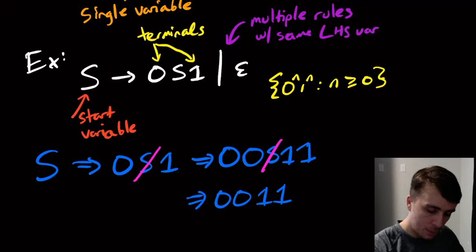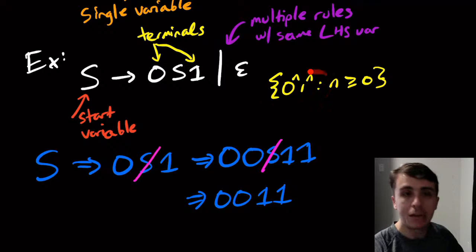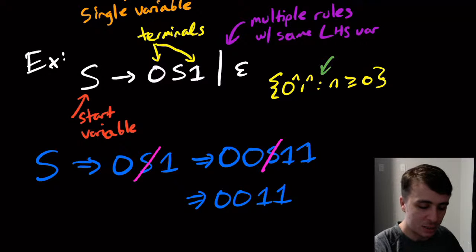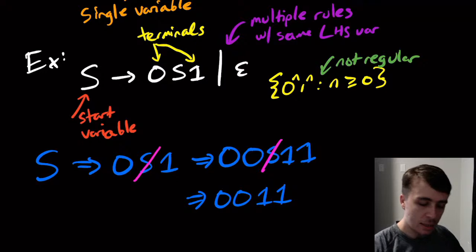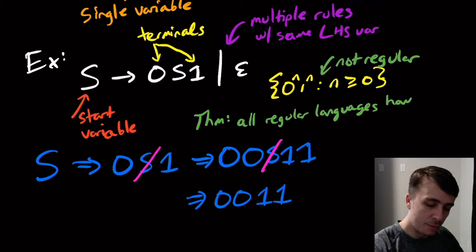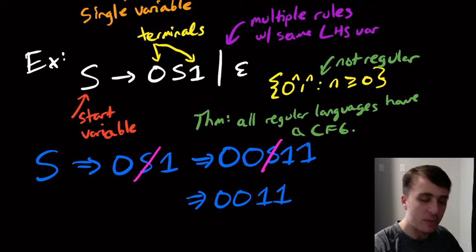Okay, so what can I say about this? This language is not regular, obviously, because we've done it. So this guy is not regular. And one thing that you can prove, but I'm not going to do here, is that all regular languages have a context-free grammar, which is abbreviated CFG.